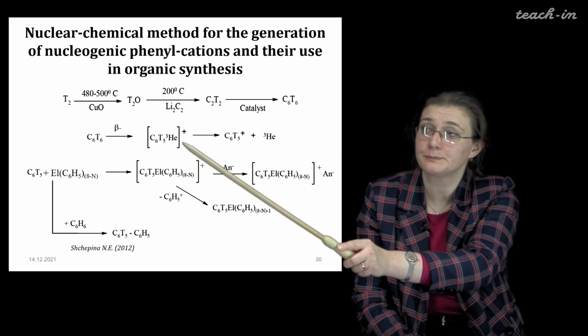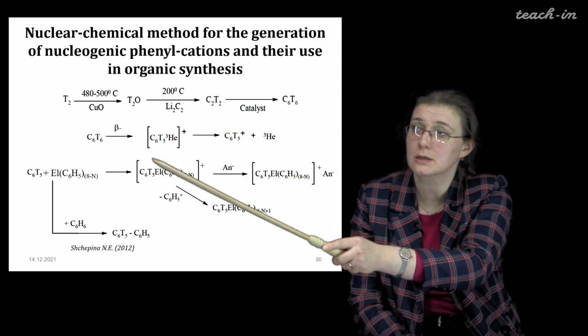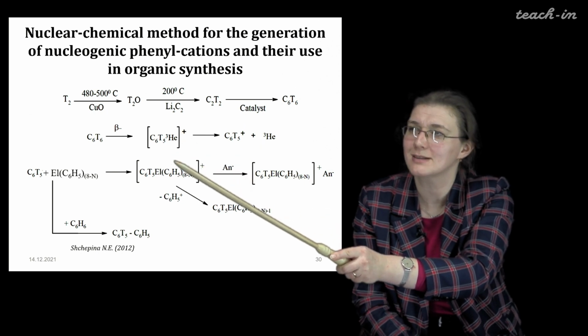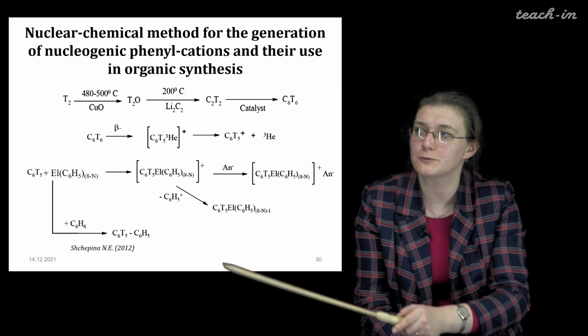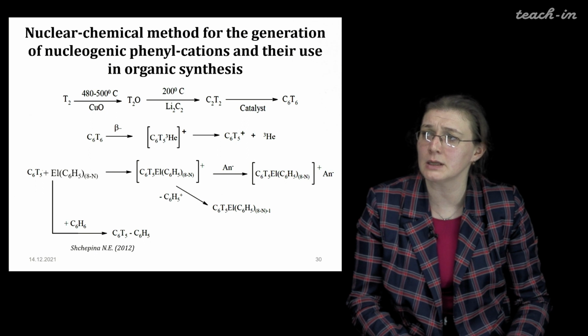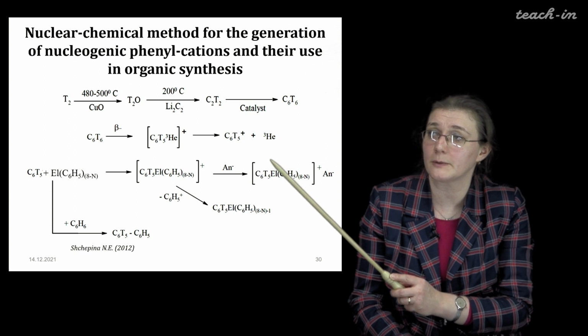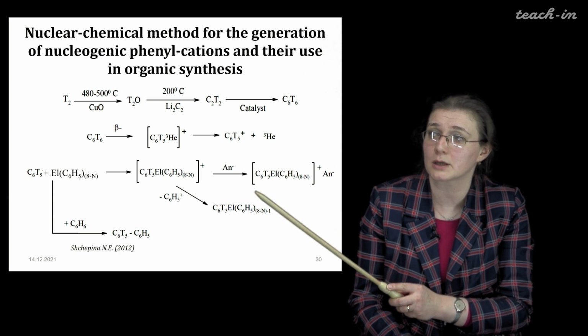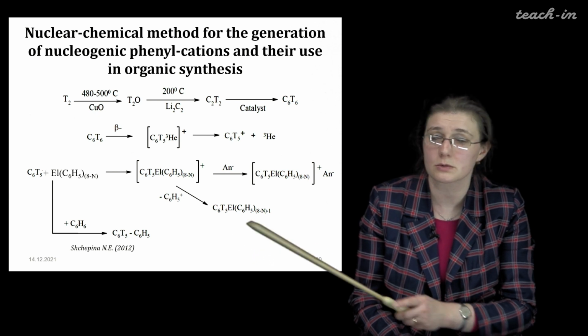And after helium-3 leaves this complex, we obtain phenyl cations that are very sensitive to the presence of any anions in the system. So such a cation can interact with them with formation of different organic molecules.